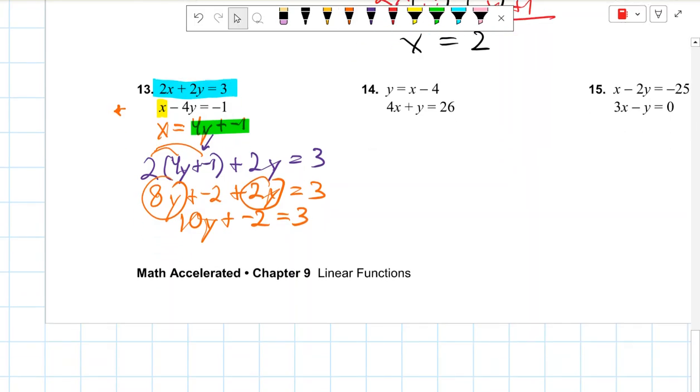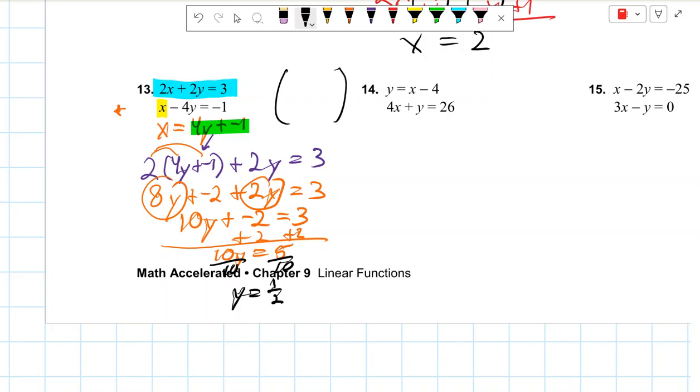And then I will remove the 2 by adding 2 to both sides. And I'll get 10y is equal to 5. And I'll divide by 10 on both sides. And y is, 5 over 10 is a half. So I found my y, it's a fraction. I'm not scared.